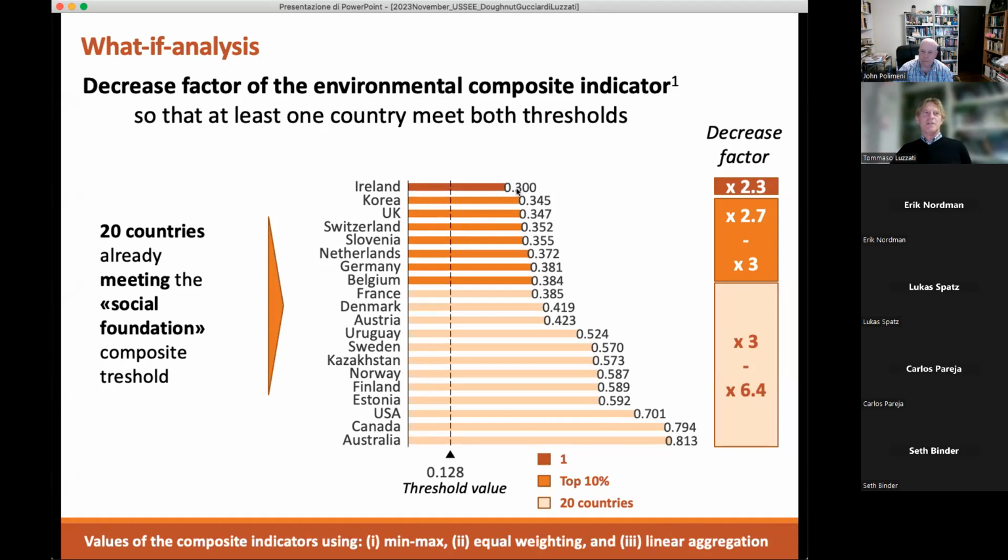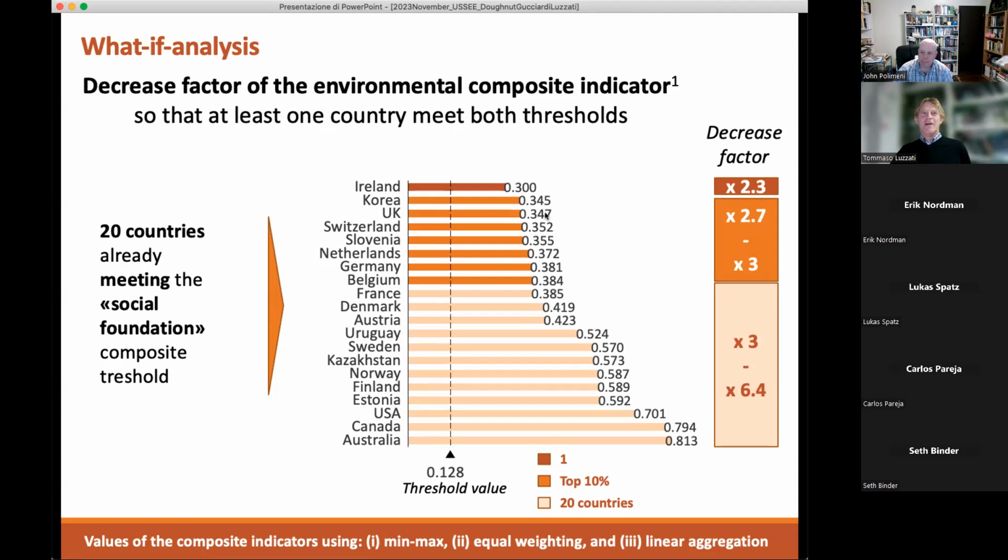The composite indicator for the planetary boundaries in this case is 0.3 for Ireland, for instance. But the threshold value is 0.13, say.